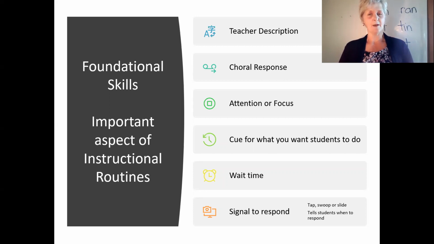The next thing is that we are looking for a choral response. We want all students responding and we want them all responding at the same time so that one child is not blurting and doing all the cognitive work and then another child is just riding that wave behind. I was in a class the other day with a small group of kids and there was a little boy who needed just a little bit more processing time and there were a couple of kids blurting.